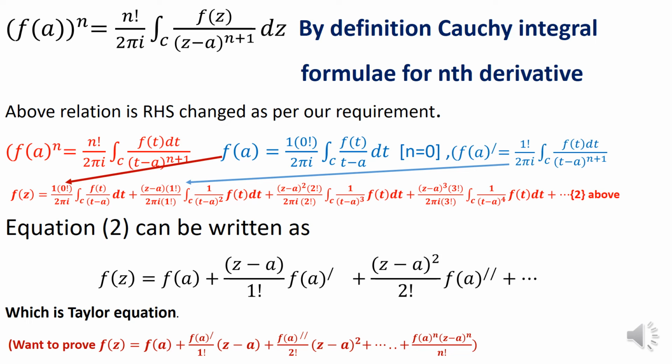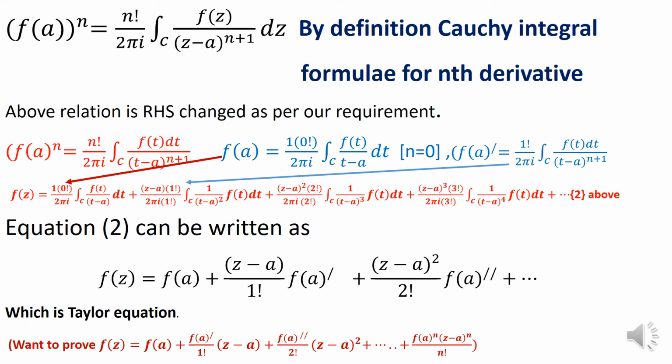Okay. f(a), this one, because what is f(a)? 1, 0 factorial by 2 pi i, because it is 0 factorial, right? 2 pi i, (z minus a), if you want you can write also (z minus a) to the power 0, no need to write here, right?